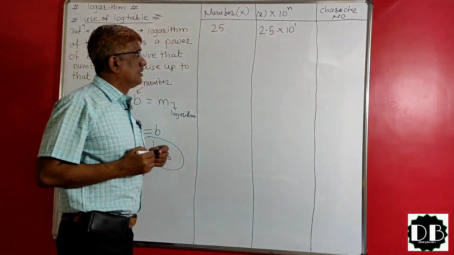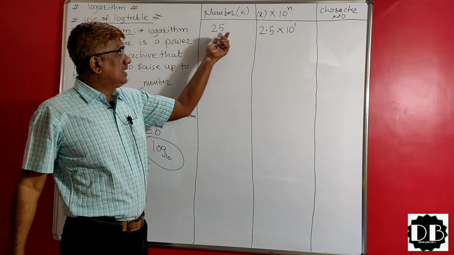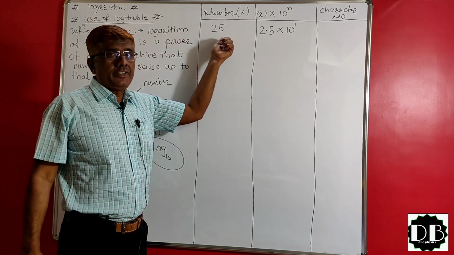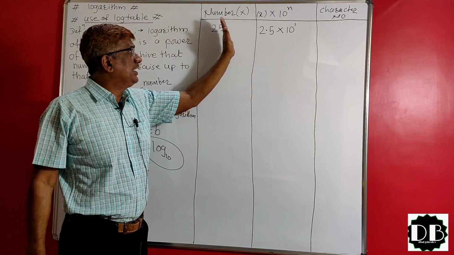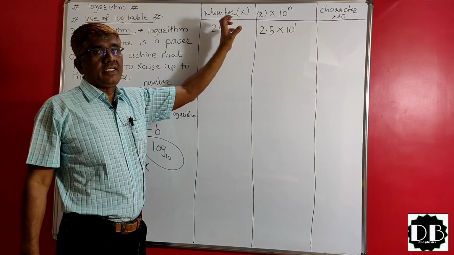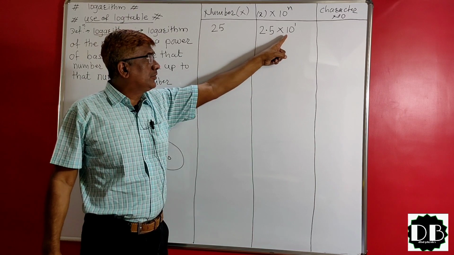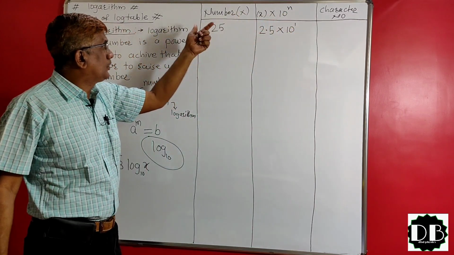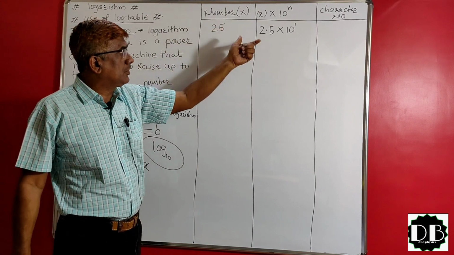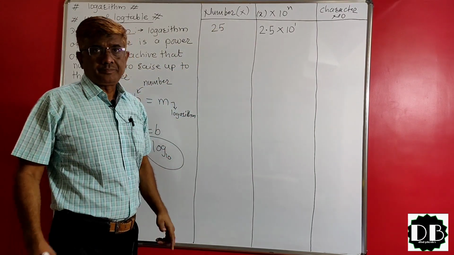What it means? We adjust the decimal point such that it is after one digit, and the remaining factor of that number is converted into 10 raised to power.